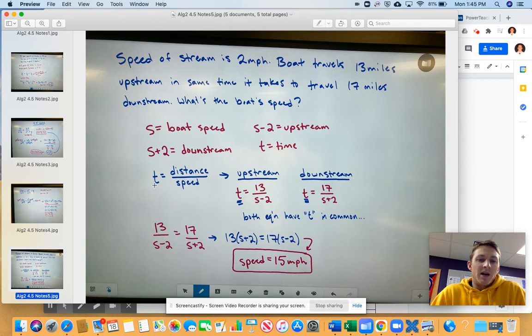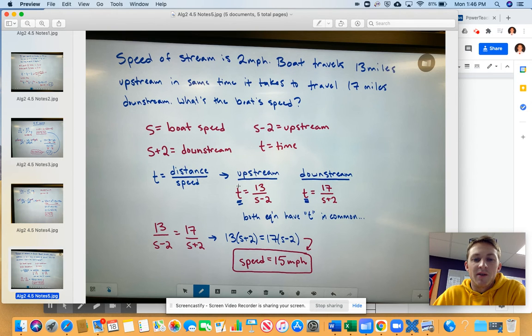Well, we know that time equals distance divided by speed. So let's write some equations. When we're going upstream, we go 13 miles going the speed of s minus 2 because we're going against the current. And then when we go downstream, it takes the same time, right? So t is the same. We go 17 miles with a faster speed.